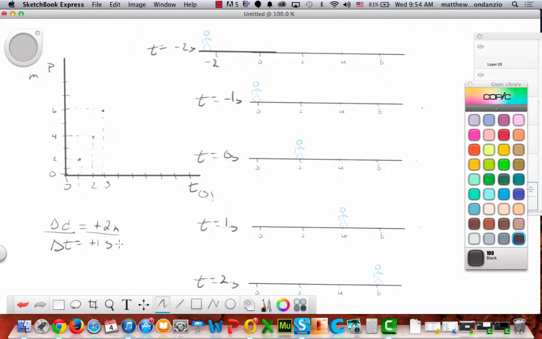This is really important because does anyone know what this is called mathematically? Anyone remember this? It begins with an S. Let's look at this. Here we're plotting it, right? Where's the next point going to be? It's slope, right? So at 1 second we're going to be at -2. Here's the point.